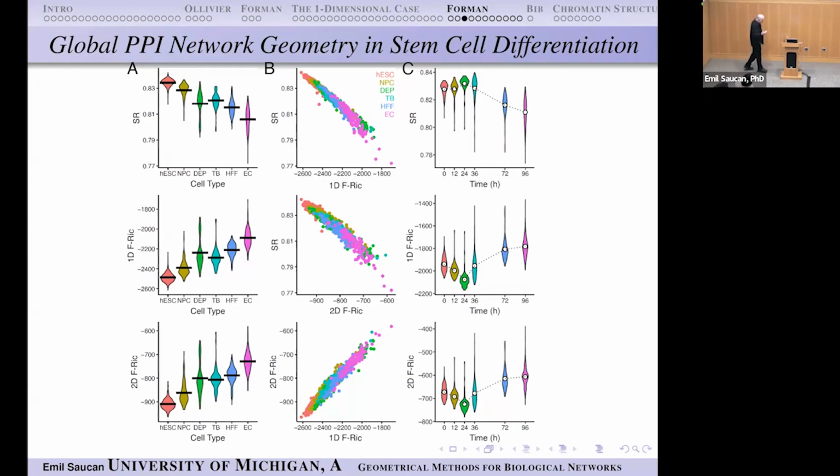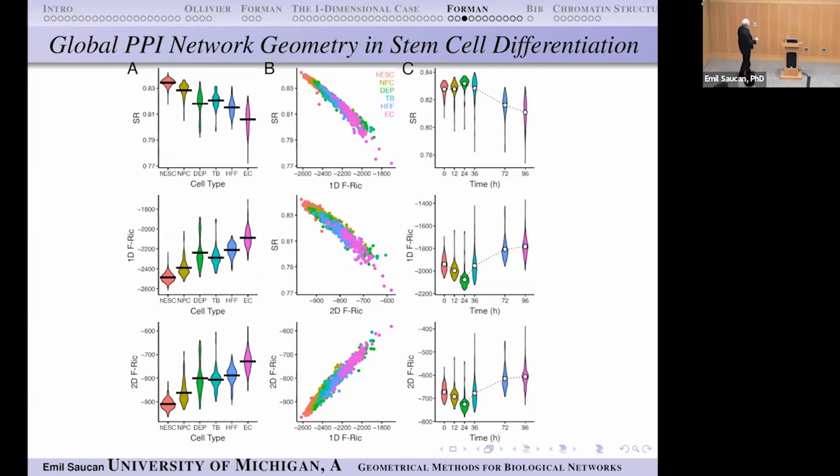In fact, just triangles, because looking at higher order faces is kind of complicated. So as you can see, again, you have the two-dimensional Ricci curvature, the new one, for different types of cells, and here you have entropy, and we see the correlations are the same.